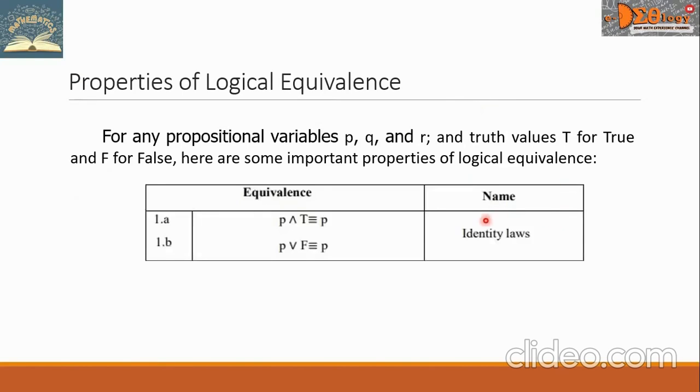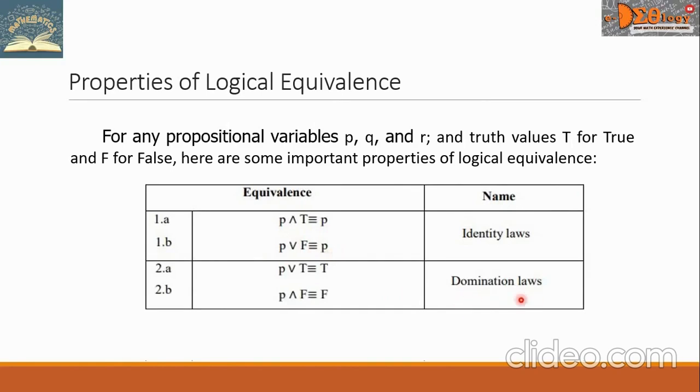Number 1 is identity laws. We have two parts. 1.a, P and true is logically equivalent to P. 1.b, P or F is logically equivalent to P.